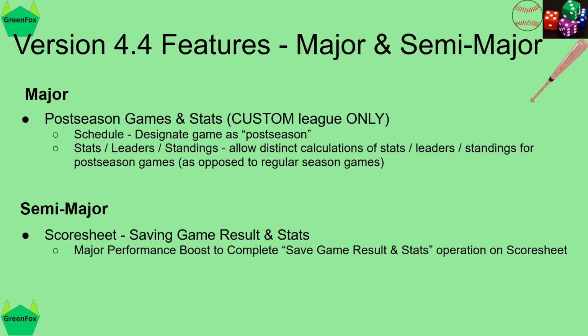So what I did was rework the code so that it only saves the data for the game you're playing and not anything else. So that should increase the performance, so that as you play more games, it shouldn't take any longer to save a game.